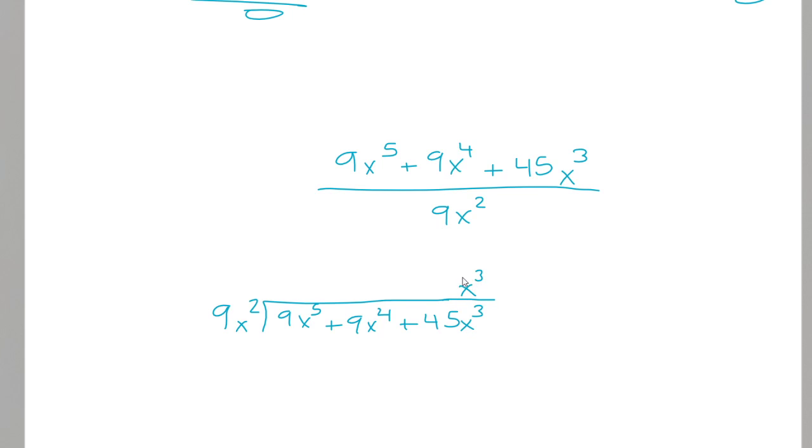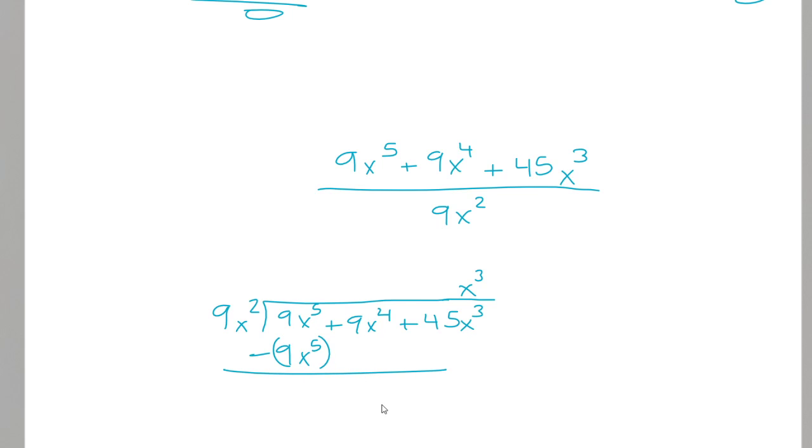So x to the third times x squared will be x to the fifth. What do I need to multiply 9 by to get to 9? It's just going to be 1. Now this is kind of up to you. You can put a 1 here. I wouldn't. We know that anything times 1 is itself, so I would just leave it there. So 1 times 9 is just going to be 9. So then we're going to do the inverse.